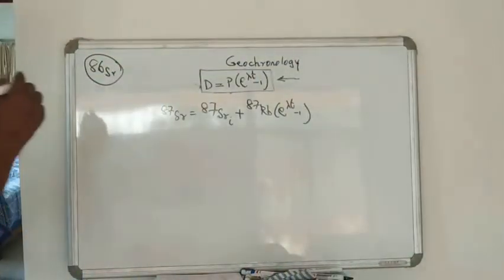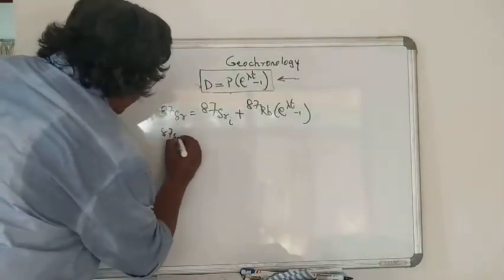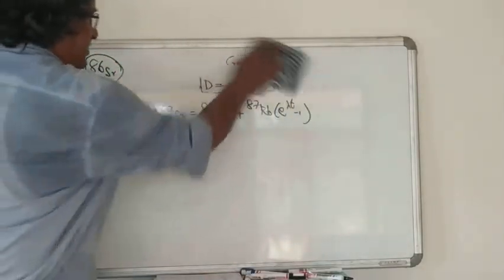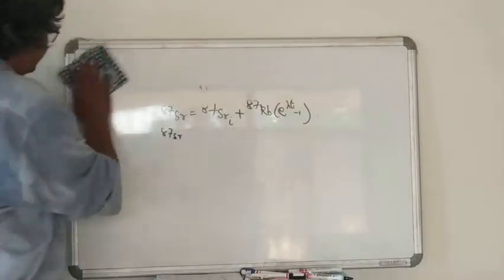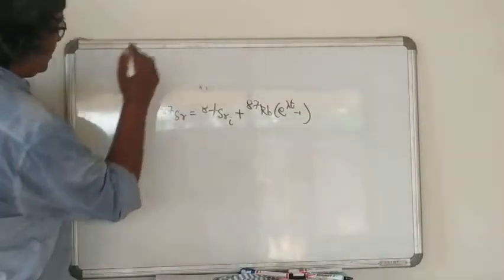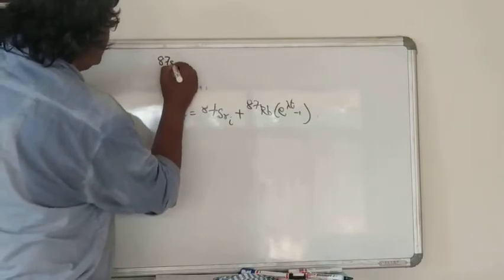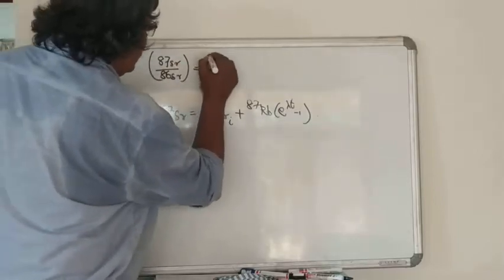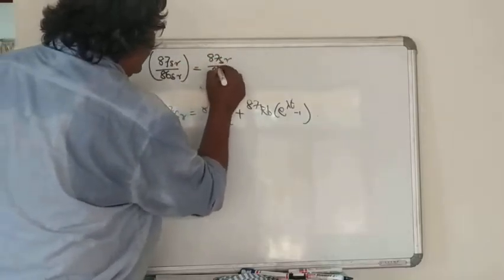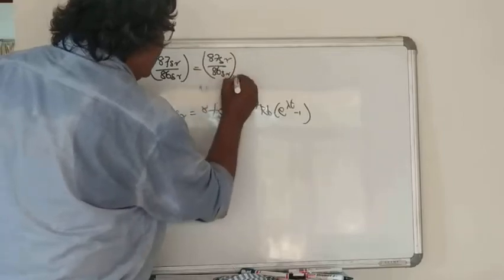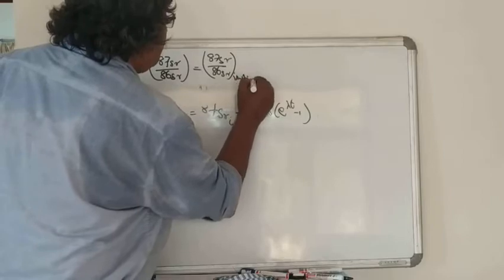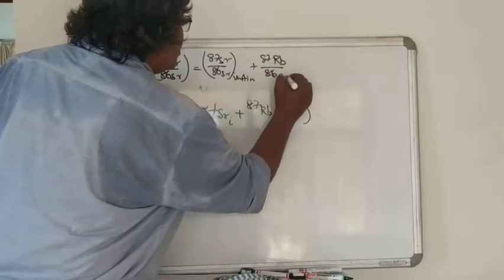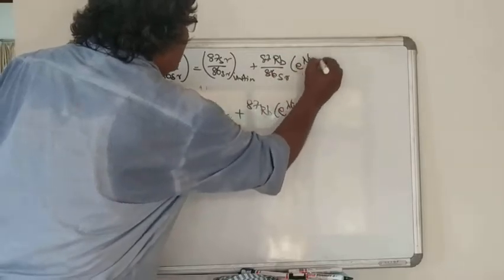So if you divide by 86 strontium, then you have 87 strontium by 86 strontium. I will erase this, it is already clear, because I will need a part of the board. So essentially this equation becomes 87 strontium by 86 strontium is equal to 87 strontium by 86 strontium initial plus 87 rubidium by 86 strontium, e^(lambda t) minus 1.